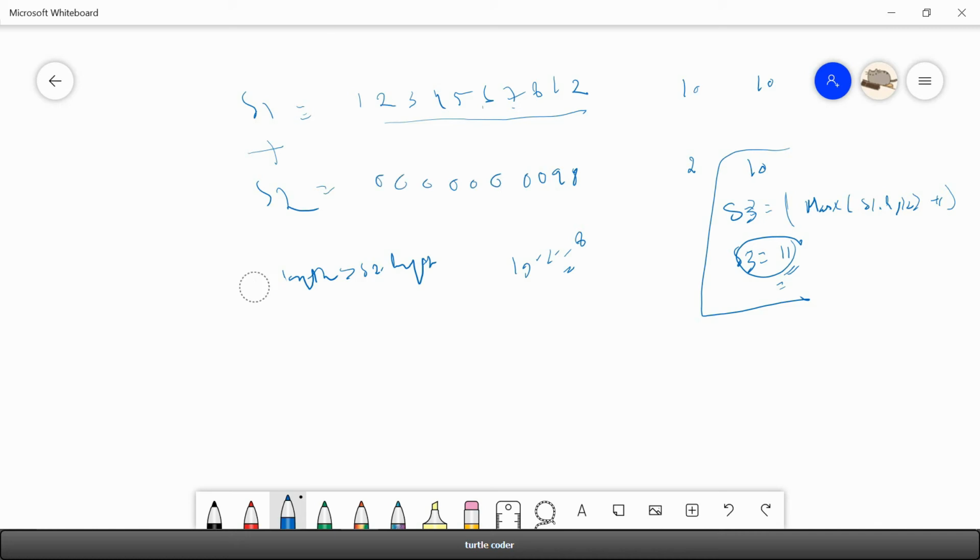And then we have to add them in a conventional way, how we used to do in second class. So 8 plus 2, and the carry, there has to be a carry. Initially the carry would be 0.